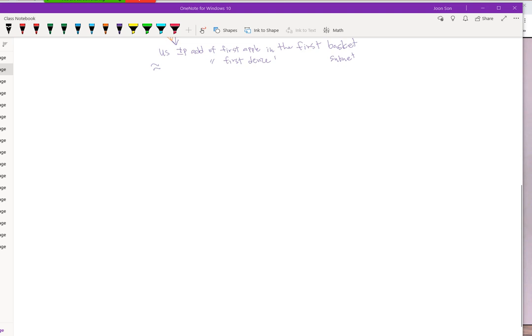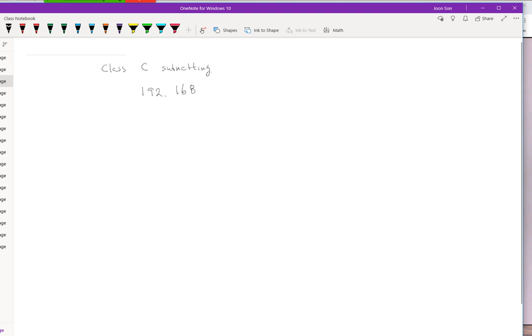So now let's talk about it. I need the next page. What is given here is a class C subnetting problem. The IP address given is 192.168.10. Since this is a class C, you write the decimal numbers up to the third octet, and the fourth octet you put all 0s, 0, 0, 0, 0, 0, 0, 0, 0.